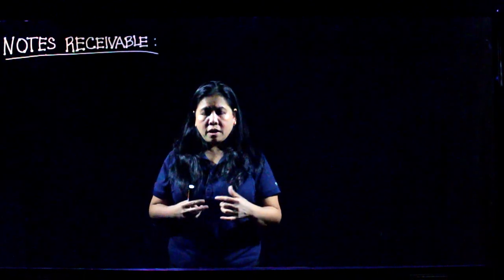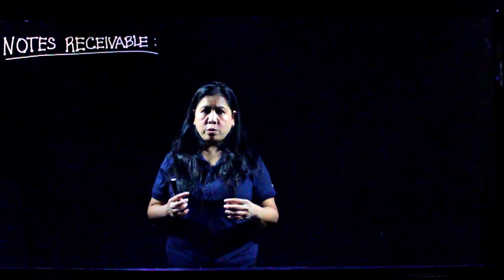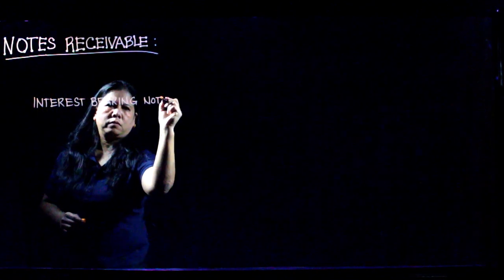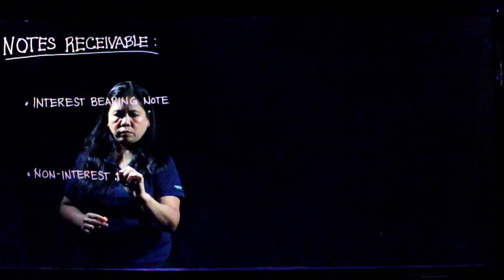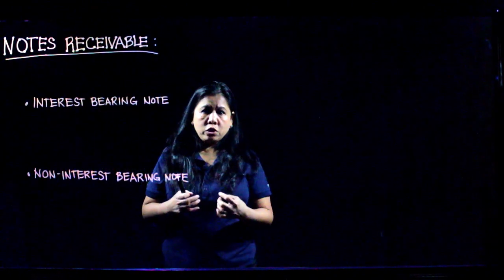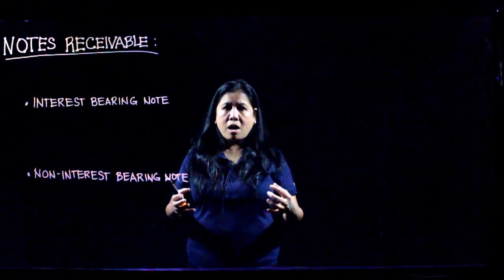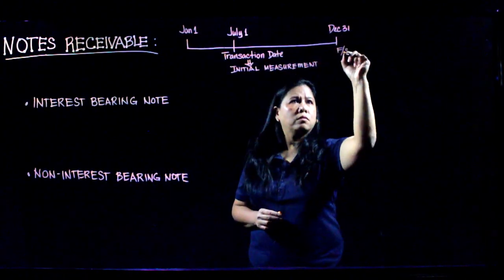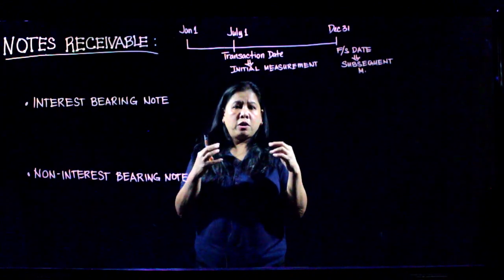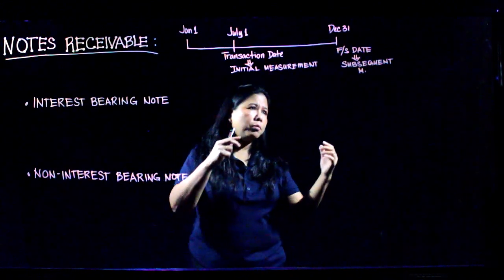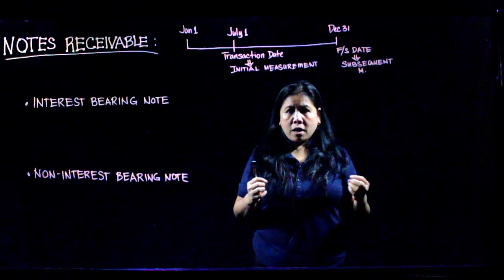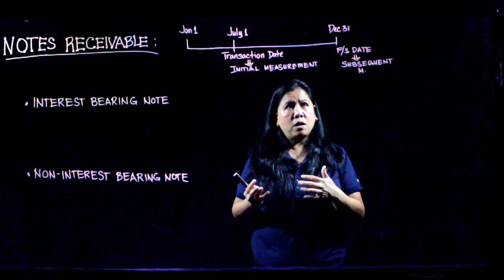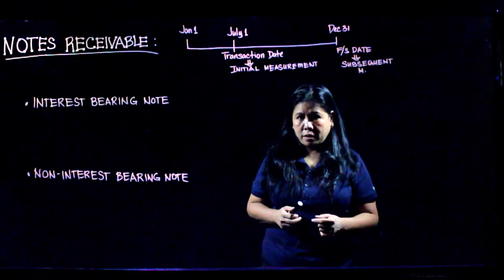Now let's get to know more about interest-bearing notes and non-interest-bearing notes. You initially recognize an account on the transaction date. Our initial measurement is on the transaction date, and our subsequent measurement is when the accountant prepares the financial statements of the company, on the financial statement date.